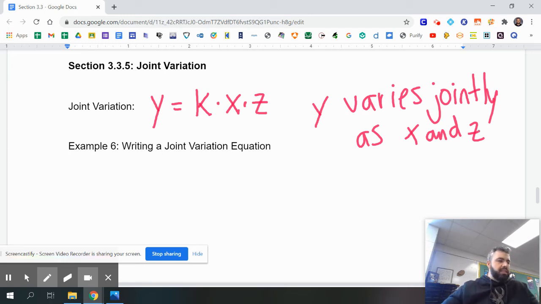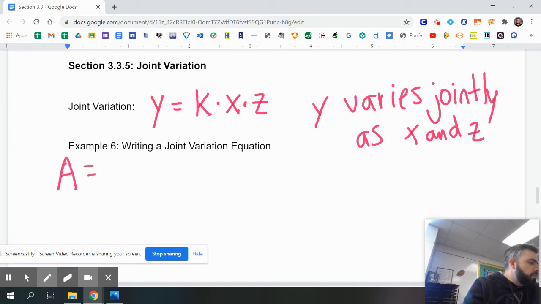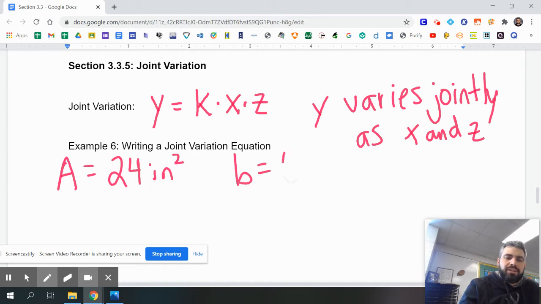So let's write a problem, okay? So I have one that says, suppose that A, we're talking about area, is equal to 24 square inches, okay? And it says B is equal to 6 inches, right?